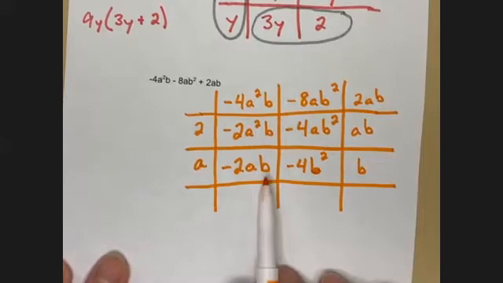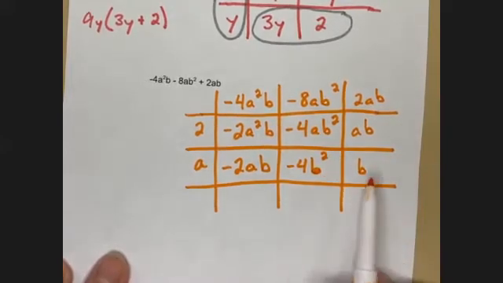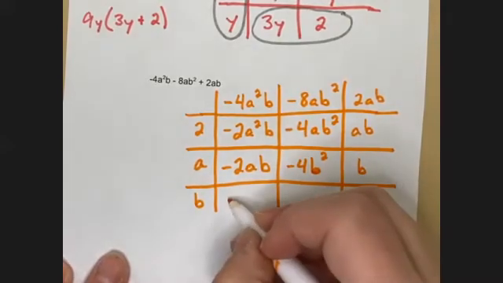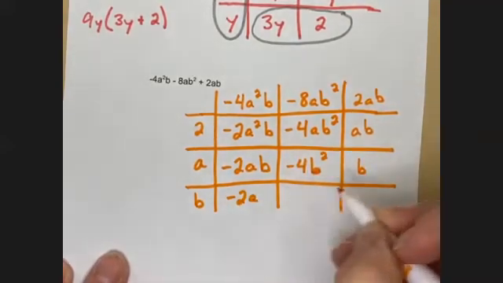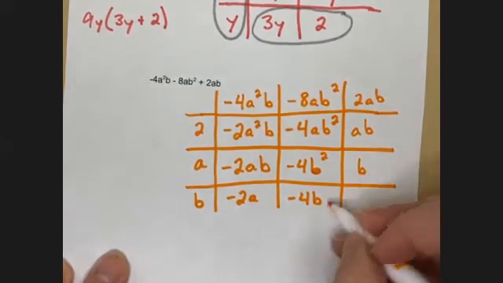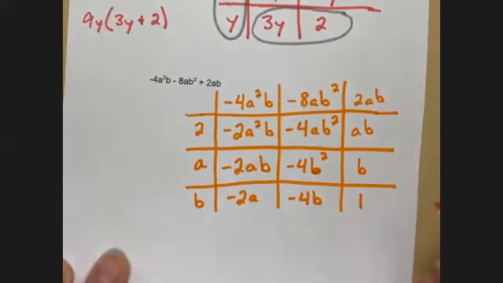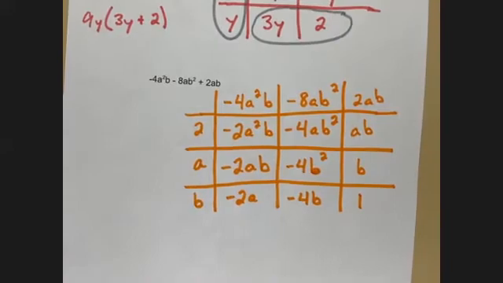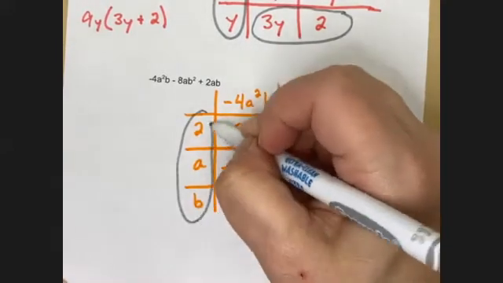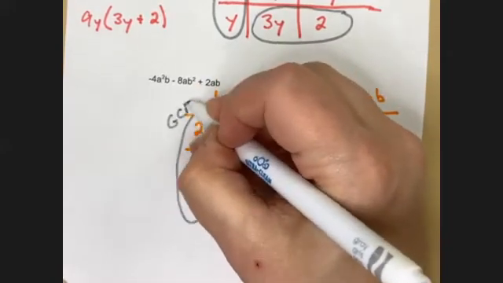So now if I look, this is a b squared, and a b. They each have at least one b, so I'm going to pull that out. So I have negative 2a left, negative 4b, and then if it completely goes away, it's going to be a 1. So all of these things here on the side are the GCF.